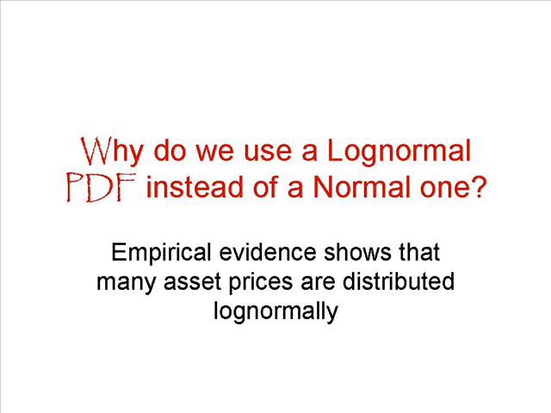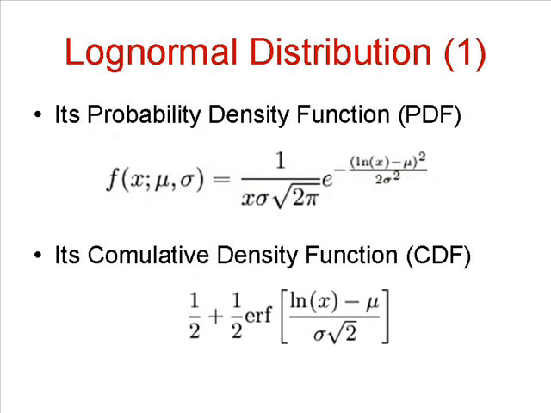Well, first of all, let me show which are the main characteristics of a log-normal distribution. Here you can see the probability density function and the cumulative density function. But perhaps the most important things are the moments.